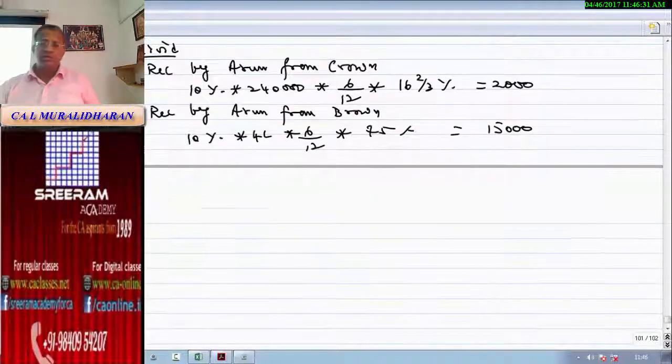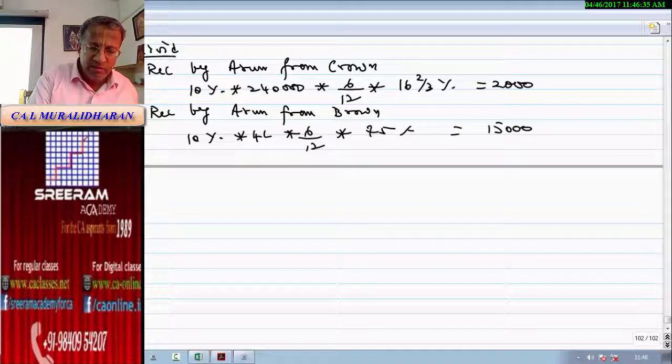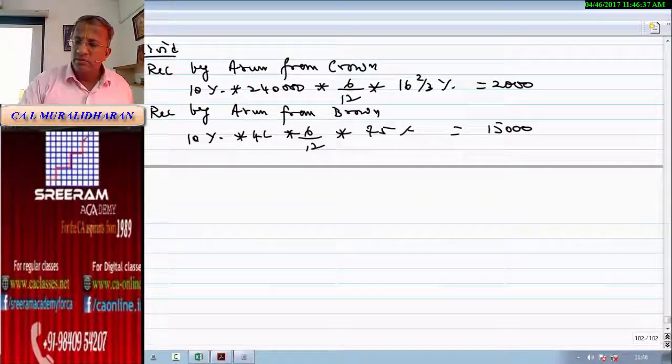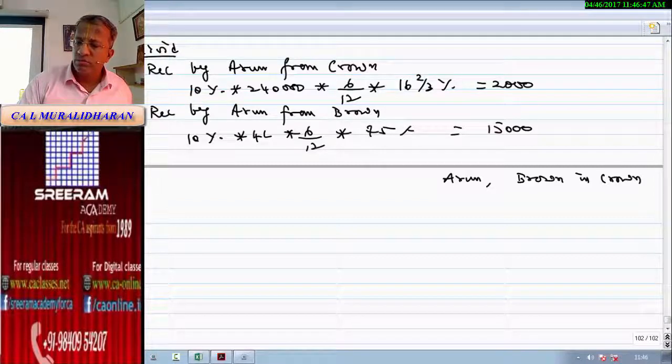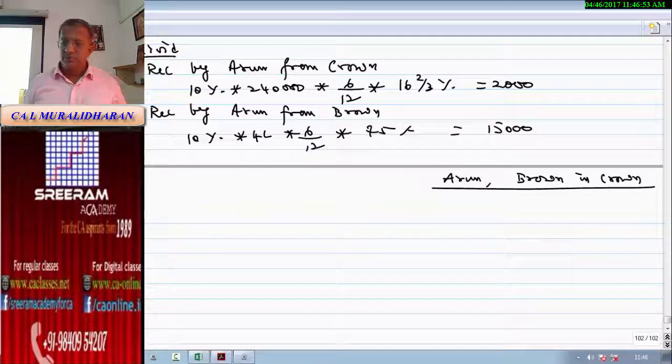Now we will launch our template, which we call the chart. It is Brown in Crown, because parent as well as subsidiary there in sub-subsidiary we are following direct method. By default we will follow direct method.